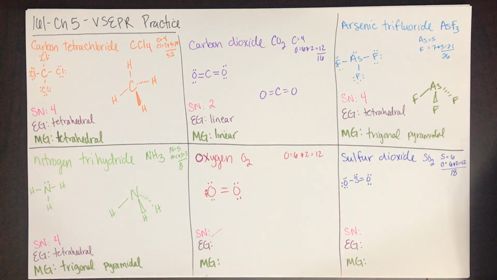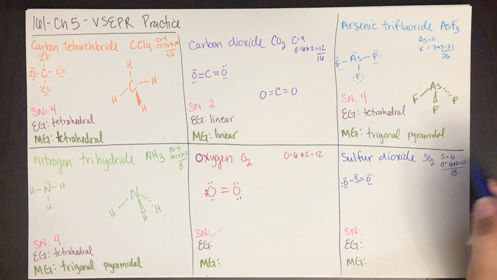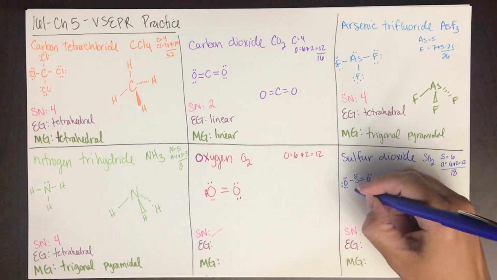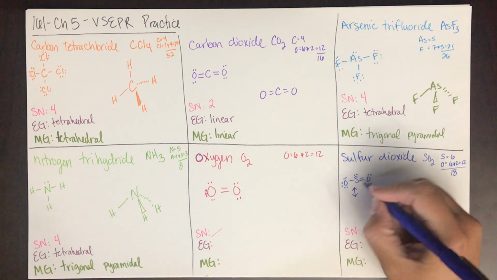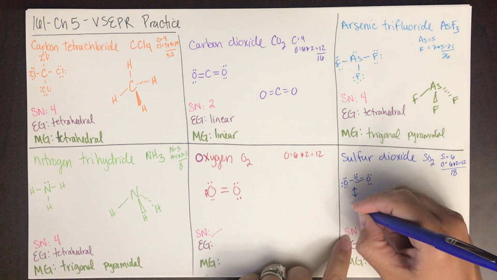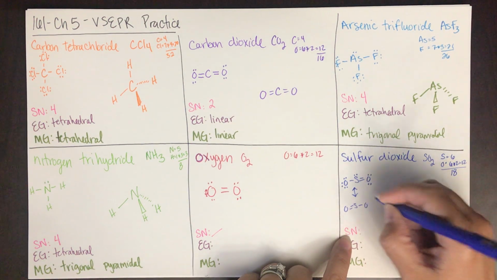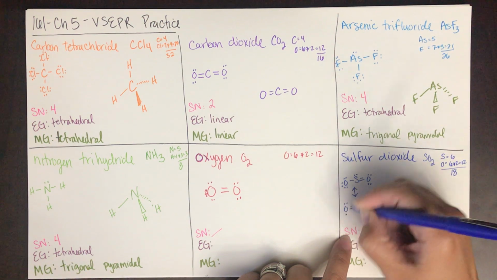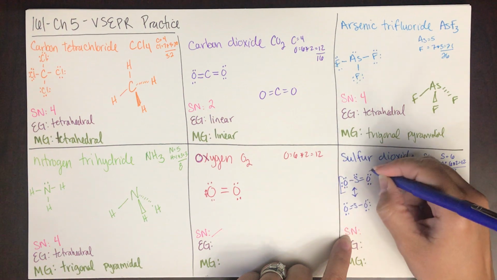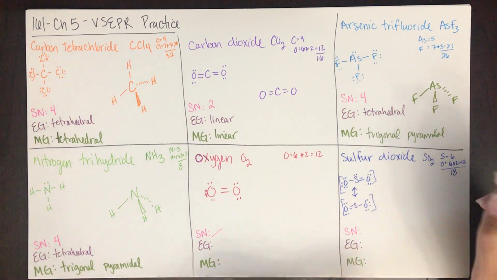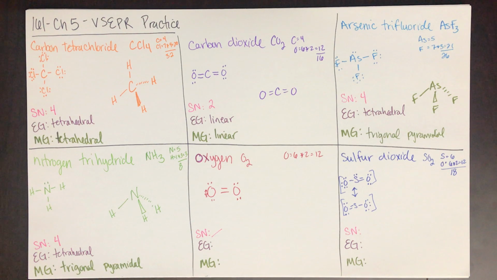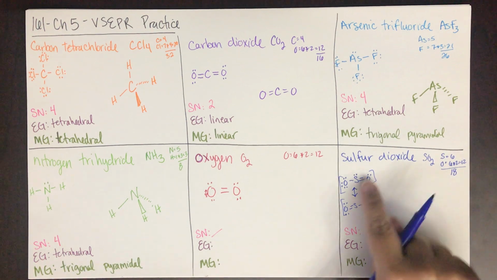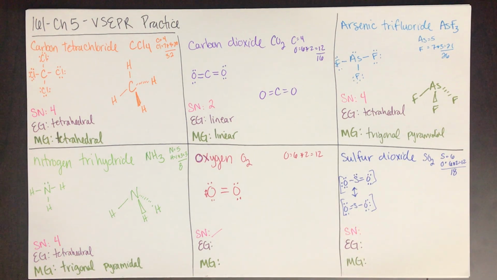So this is the Lewis structure for sulfur dioxide. Except we see this unequal representation of this double bond, which means this has a resonance structure. So both of these are the Lewis structures for sulfur dioxide. Here's one with a resonance structure. So it doesn't matter which one you use because the answer will be the same.